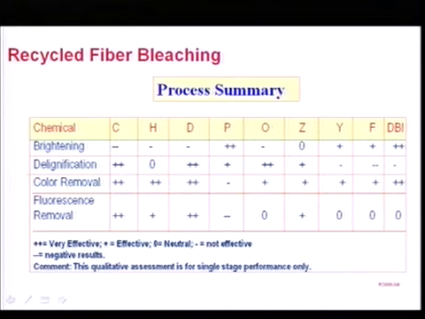This particular table is extremely important for selecting a proper chemical for bleaching your fiber. On the top, I have various chemicals. C is for chlorine, H is for hypochlorite, D for chlorine dioxide, P for peroxide, O for oxygen, Z for ozone, Y for hydrosulfide, F for formamidine sulfinic acid, DBI for the direct borohydride injection process.